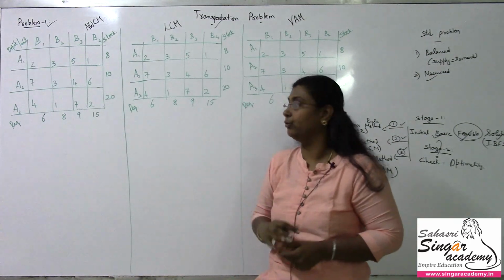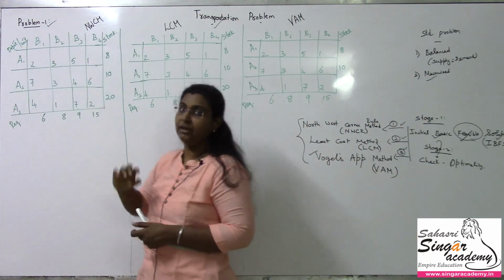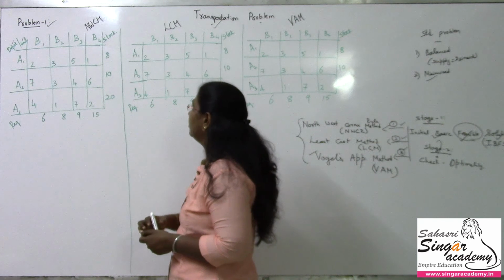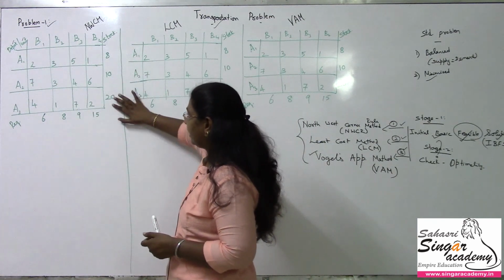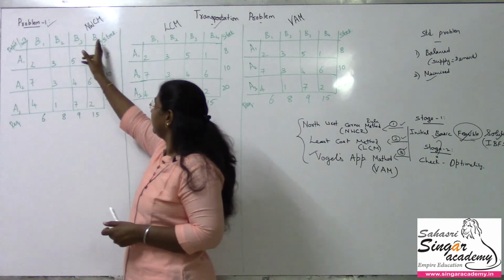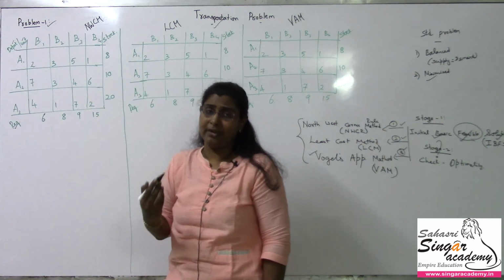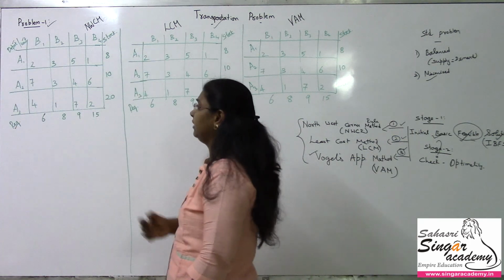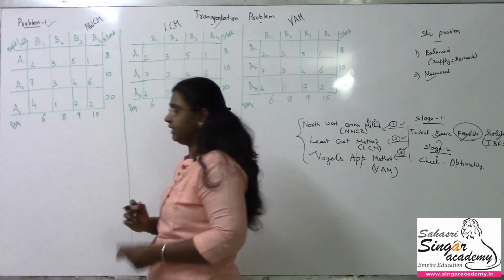The stock is given for each depot: 8 for A1, 10 for A2 and 20 for A3. For the units B1, B2, B3 and B4, a requirement is given, meaning how many units are required by the first unit, the second unit, and so on. The requirement here is 6, 8, 9 and 15.